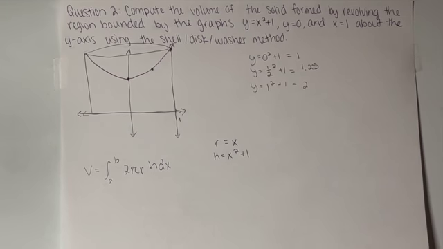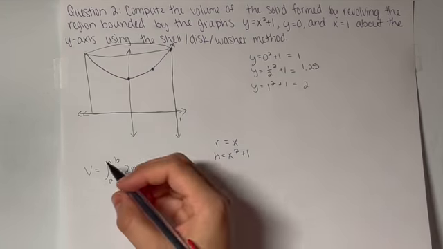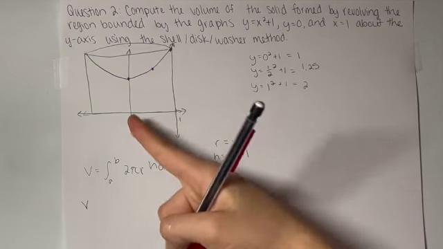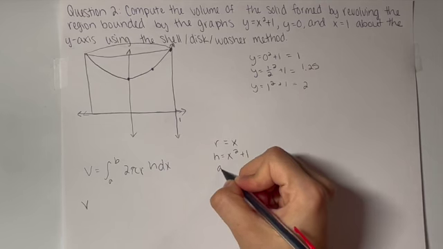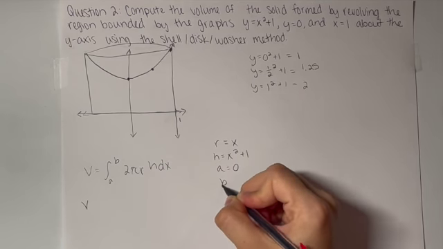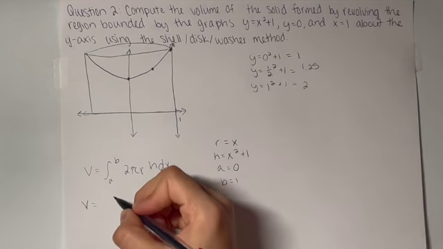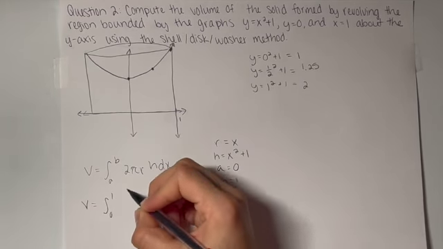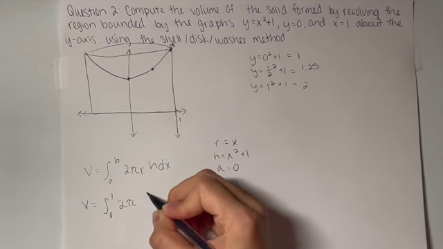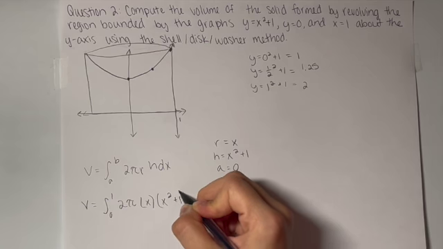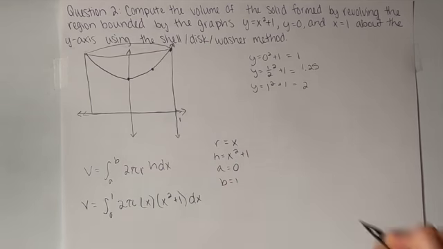Now we plug in our radius and our height into the integral, and we know that our bounds are from 0 to 1, so we have a equals 0, b is equal to 1. So then we have V is equal to the integral from 0 to 1 of 2 pi x times (x squared plus 1) dx.